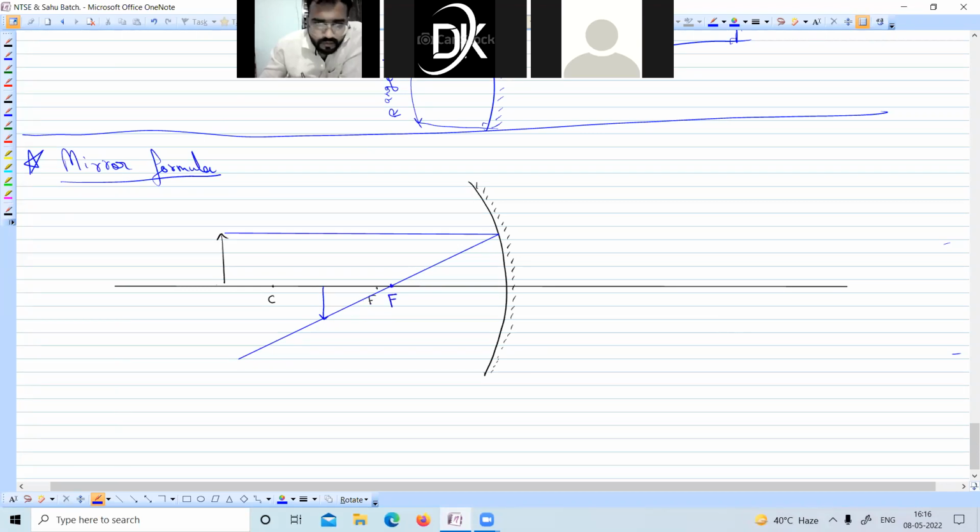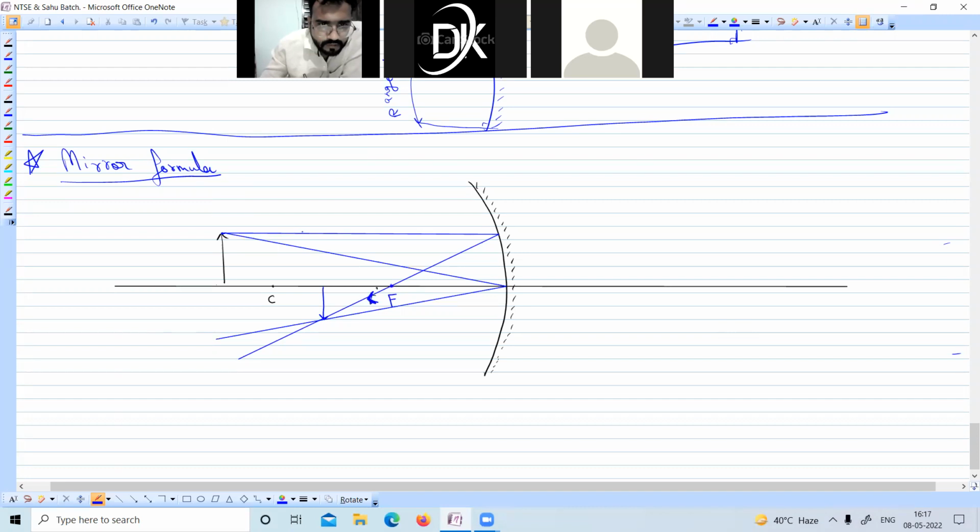Don't take tension. This is the ray going. Now again taking point, joining with pole, again taking the line such that the line should pass through this. Is it clear? See how smartly we have done.